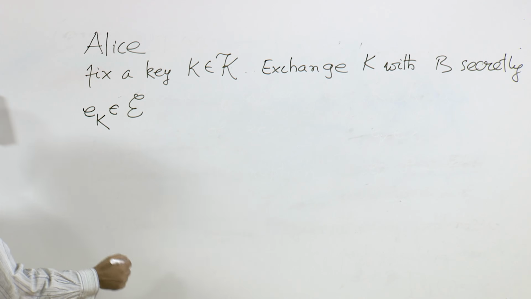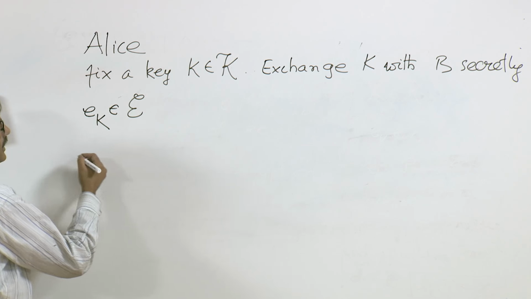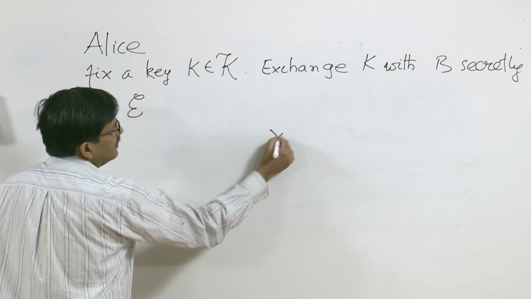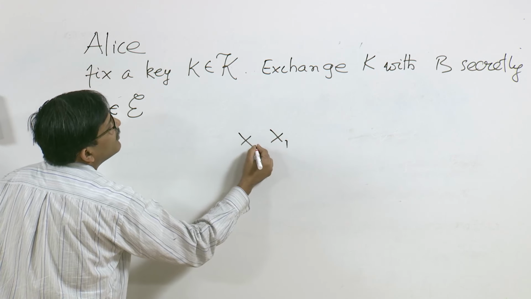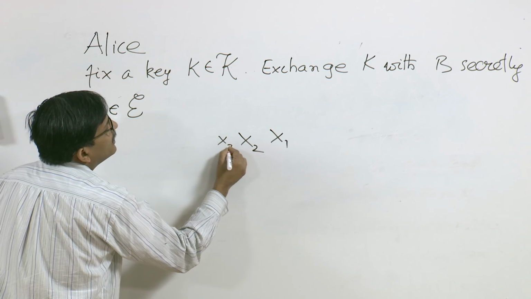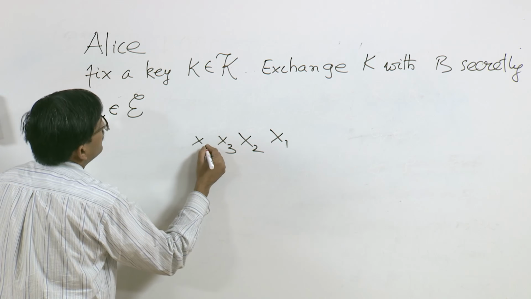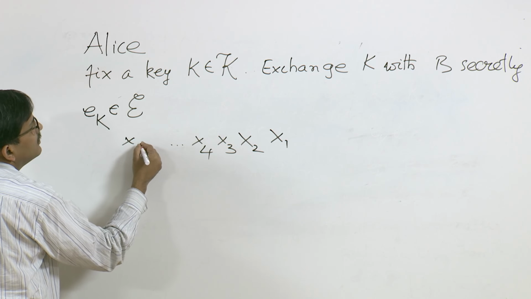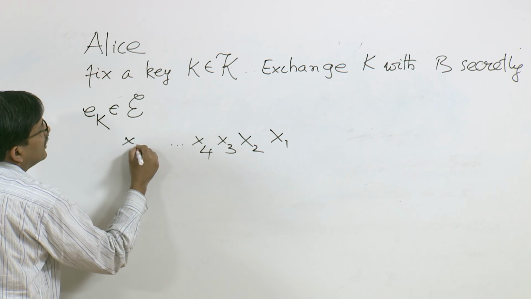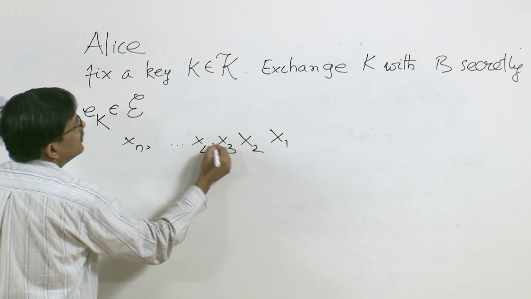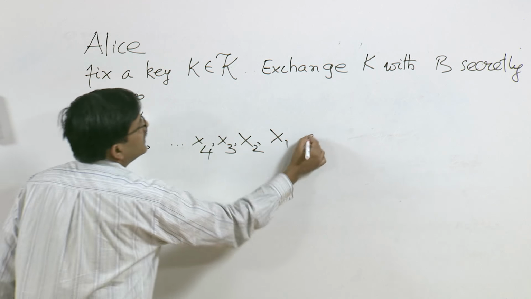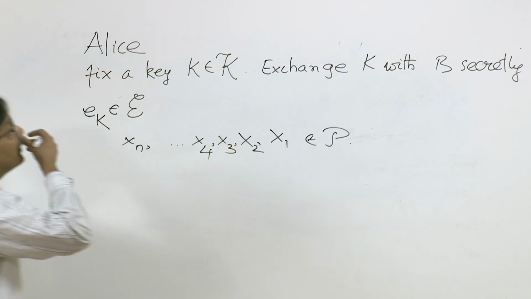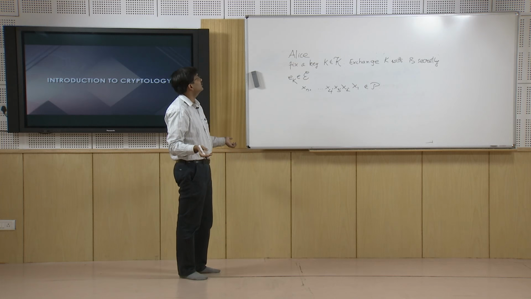Now suppose Alice wants to send a series of elements in the set of plain text, like this, x1, x2, up to xn. So suppose these are the plain text elements that Alice wants to send.